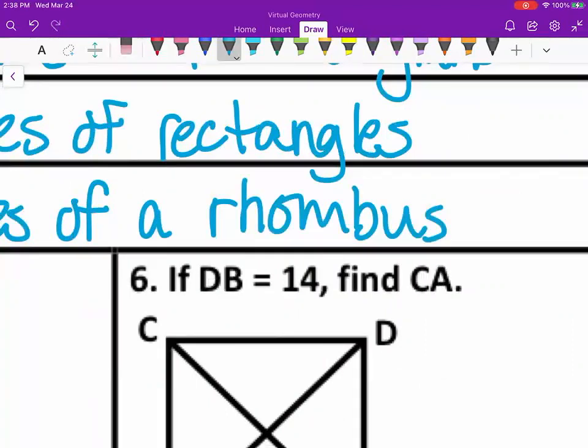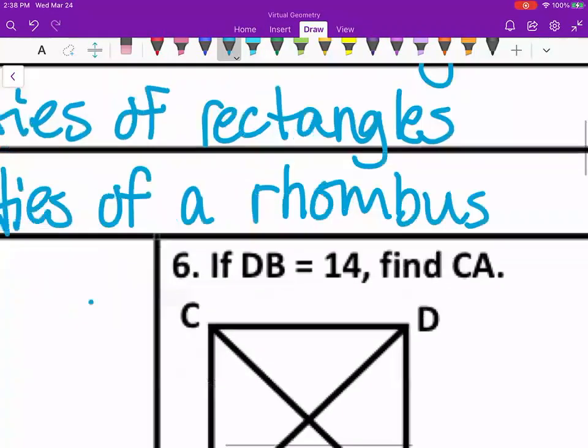That also means the diagonals are going to make 90 degrees, and the diagonals will bisect the angles. So those special parallelograms that have the properties of both a rectangle and a rhombus are what create the square when you merge all of those properties together. So let's see what happens with our examples.